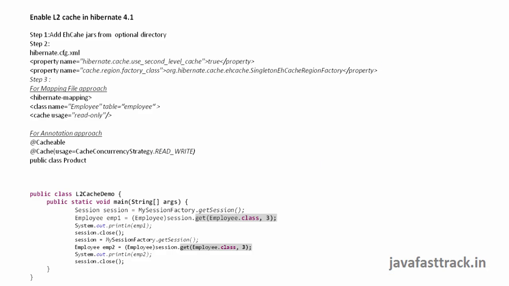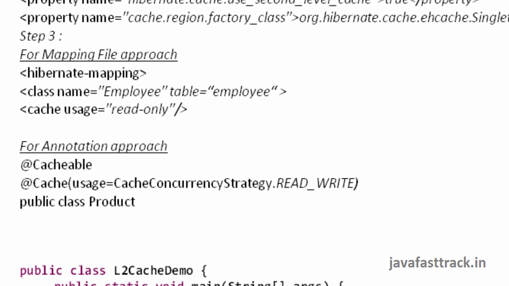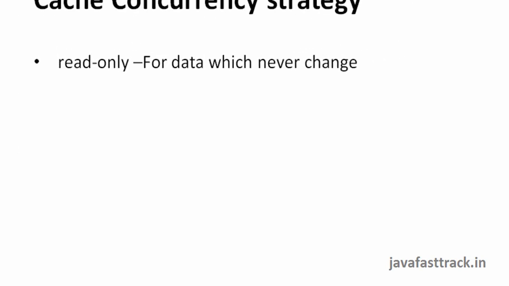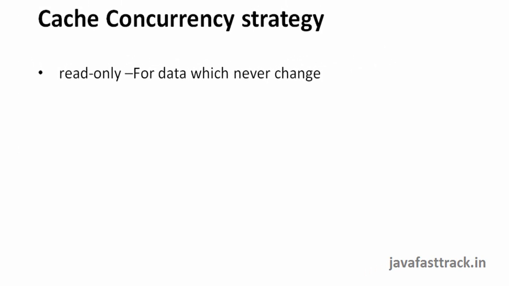Now I will overall tell something about this cache usage attribute. Right now it is marked as read only. This is one cache concurrency strategy. So what are the possible cache concurrency strategies? Read only is one strategy.